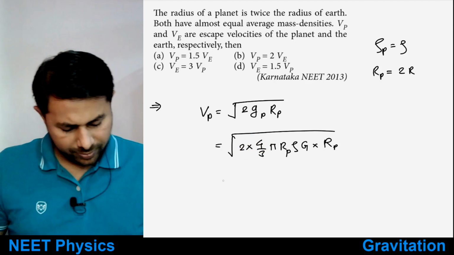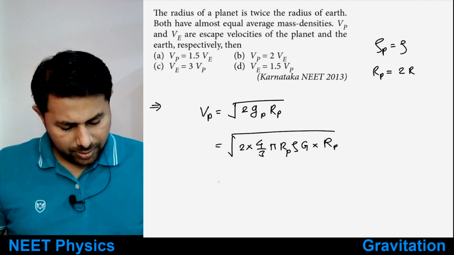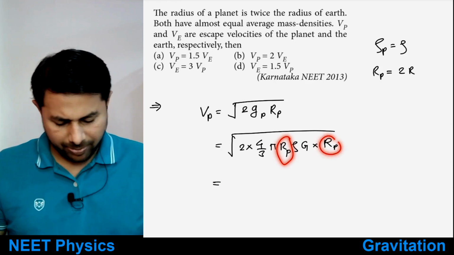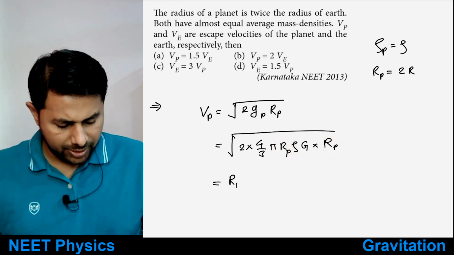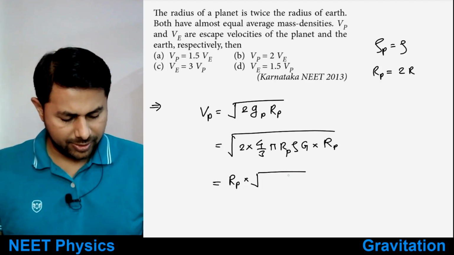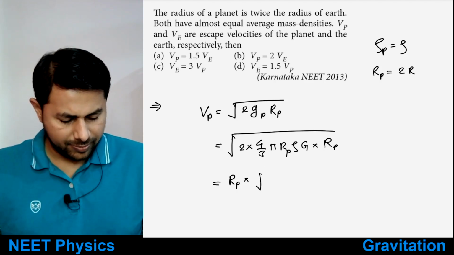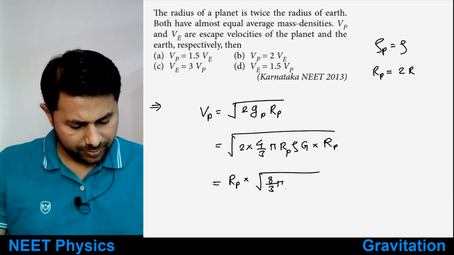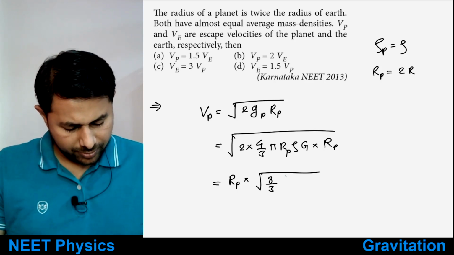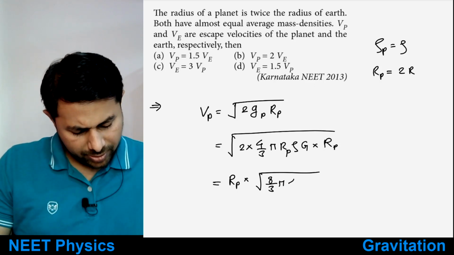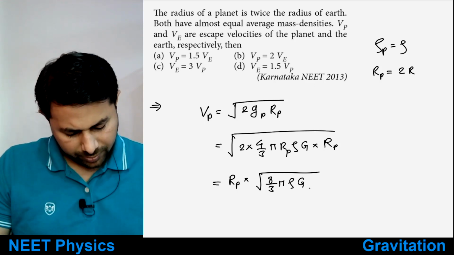Okay, we can just say this is rp square, take its square root, so it is rp multiplied by the remaining thing which is constant. It is same for Earth also, right? So that is 8 by 3 pi times rho times g.